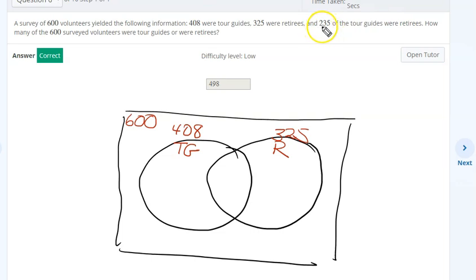And 235 of the tour guides were retirees. So that's our intersection.